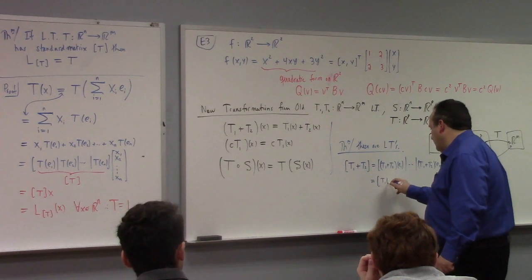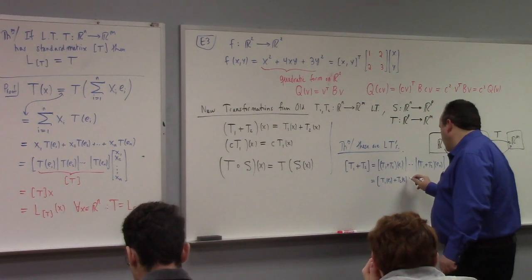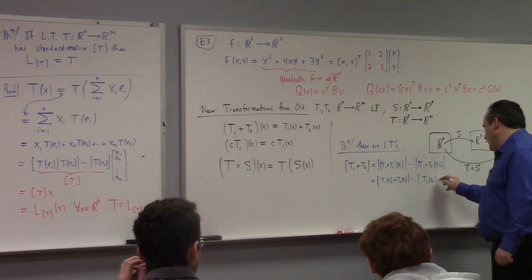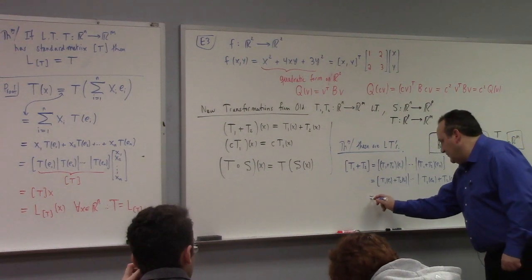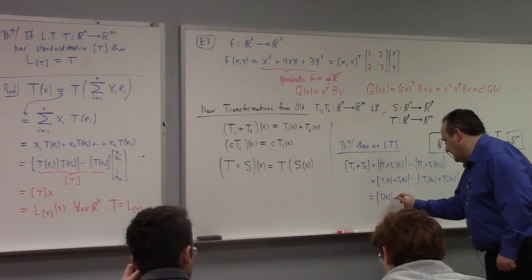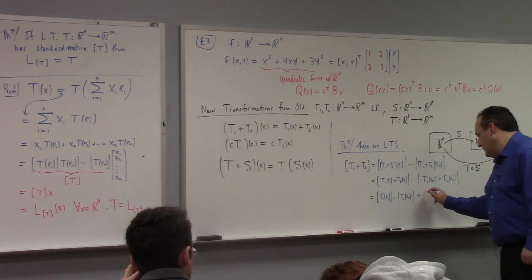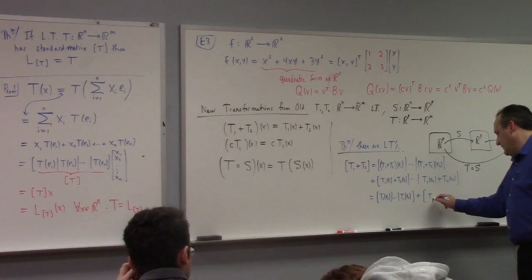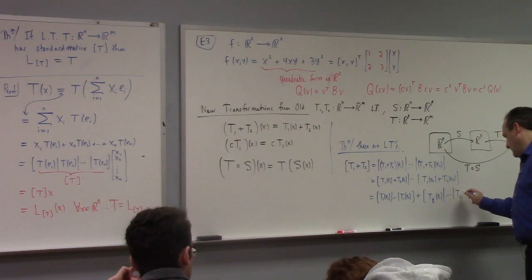We've got T1 of e1 plus T2 of e1, through T1 of en plus T2 of en. But you can break that up into the matrix with columns T1 of e1 through T1 of en, plus the big matrix here, T2 rather, with columns T2 of e1 through T2 of en.